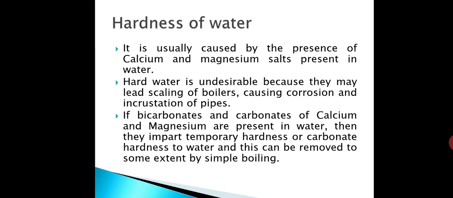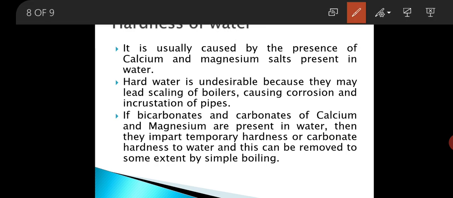Then next we come to hardness of water. Hardness, as all of you know, is the characteristic which prevents the formation of foam when the water is mixed with soap. So it will prevent the formation of foam when hard water is mixed with soap.